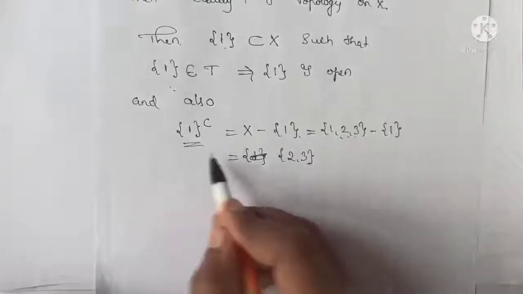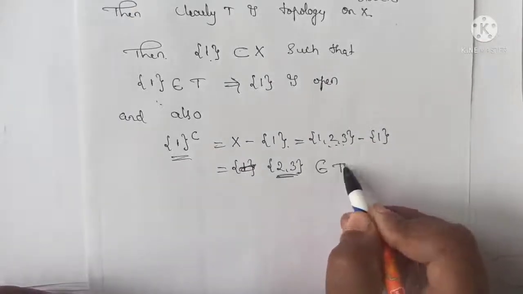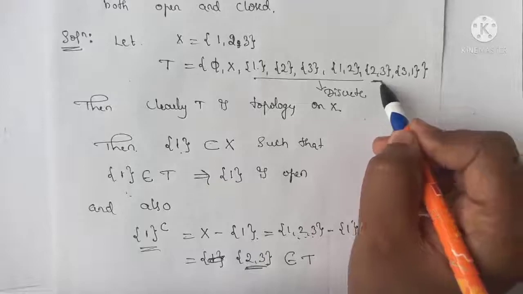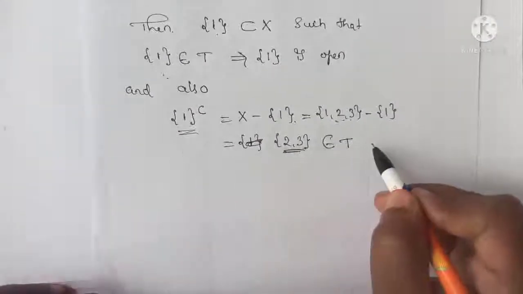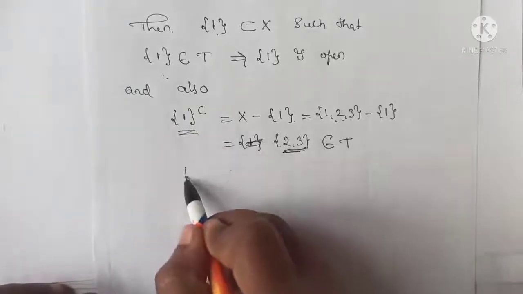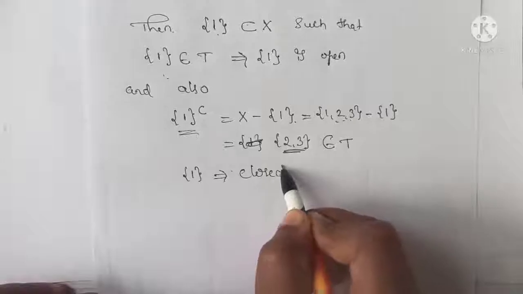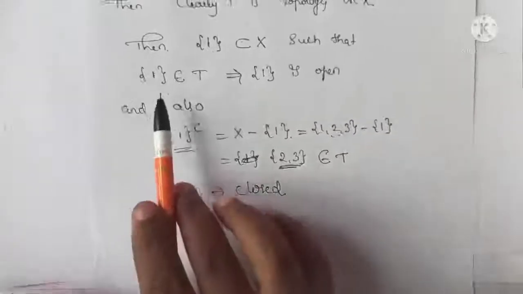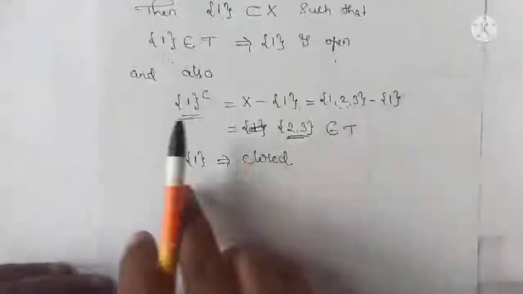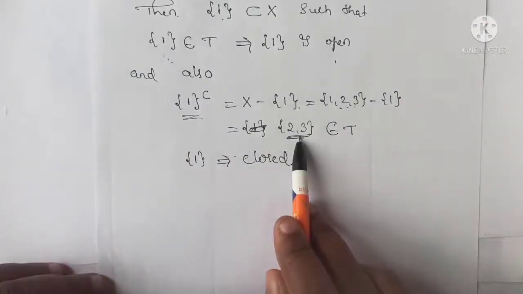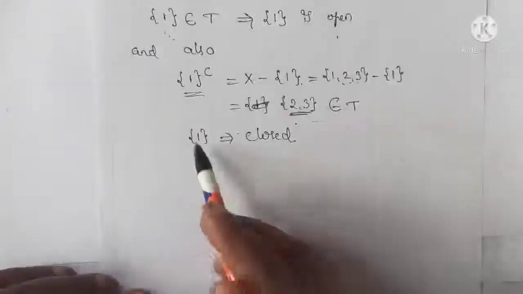So its complement is 2, 3. This again belongs to topology T. You can observe this {2, 3} belongs to topology T. Therefore it is open. It implies that this one is closed. Similarly, its complement is {2, 3}, which again belongs to the topology T. Therefore this one is closed.